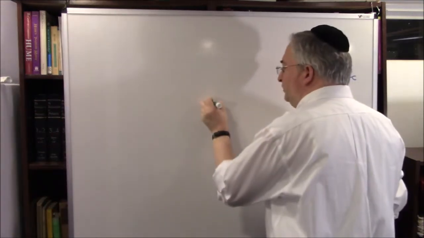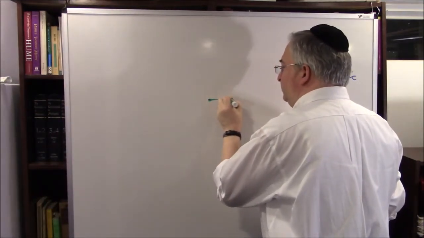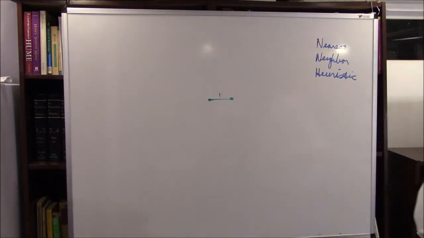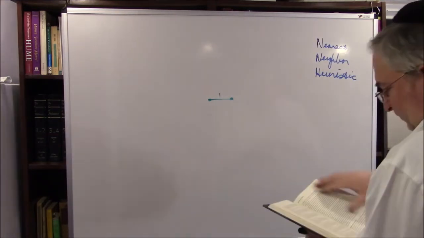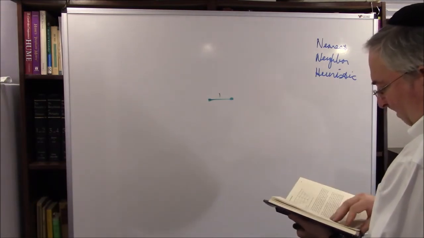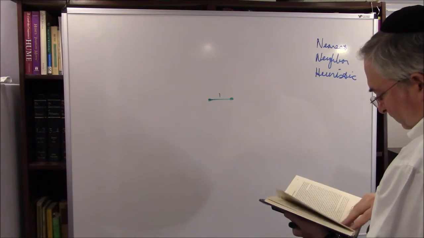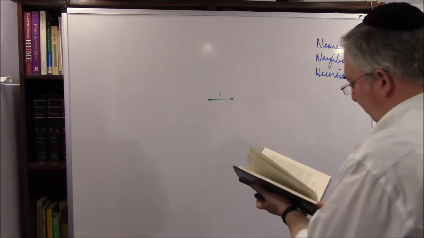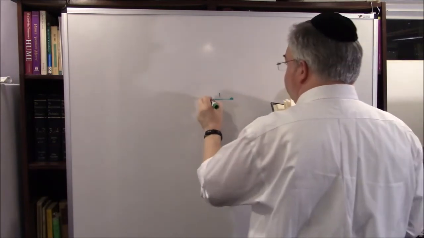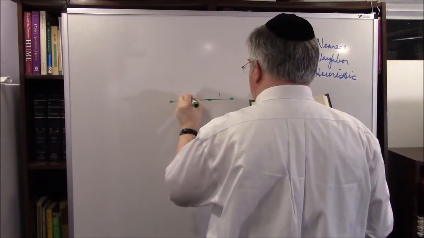It goes as follows. You have a city here. The distance from here to here is 1. Let's just make sure we have the numbers right. The distance from here to here is 2.